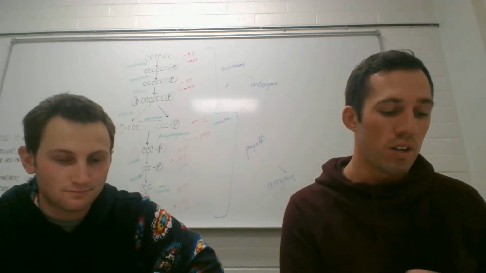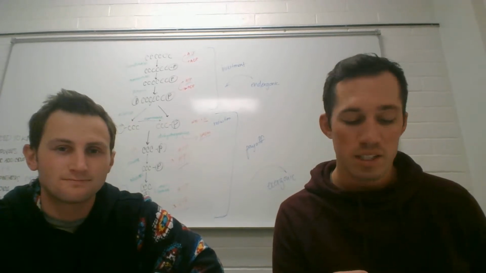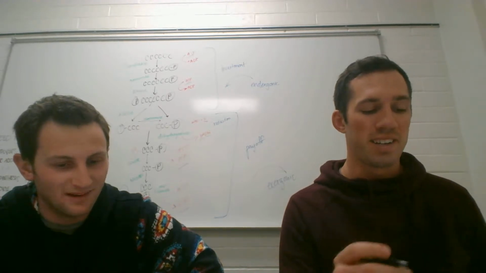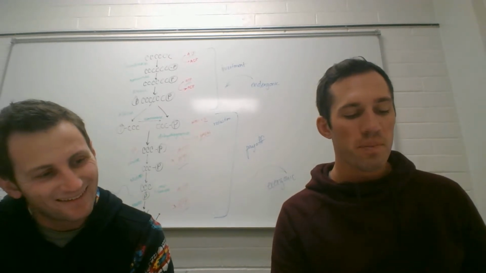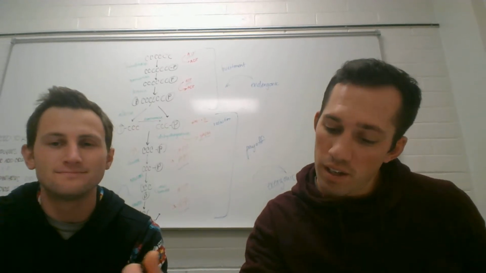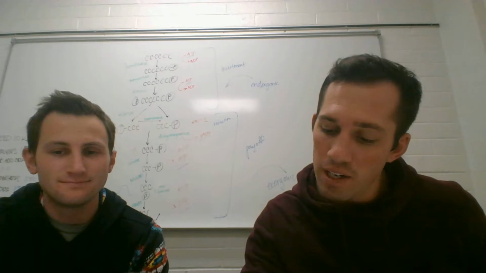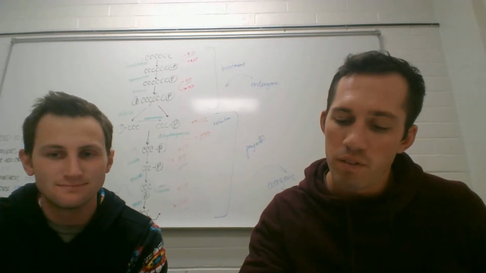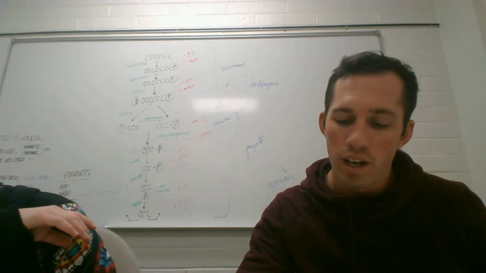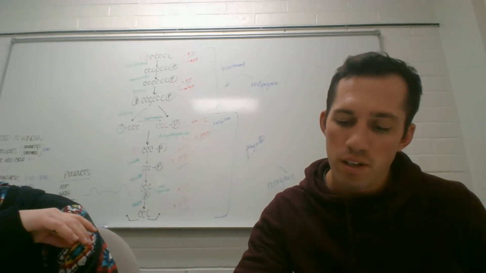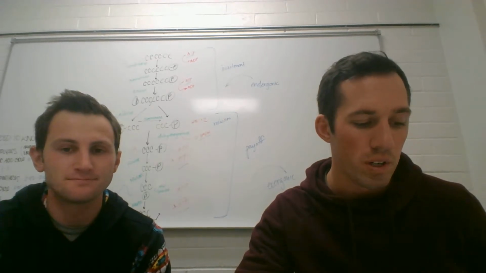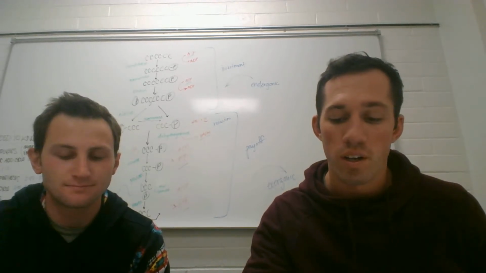For B, essentially, it's asking for the template DNA strand. So if you just take that mRNA that was given and go through and put its complementary bases to it.